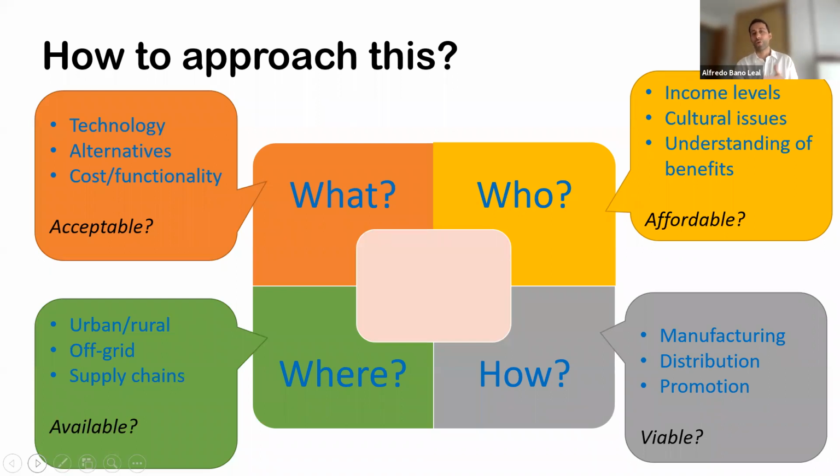Otherwise, if you only focus on one of them, likely you're going to find yourself with a perfect design that is not going to be bought by or accepted by the market. You're going to have a perfect pot or a perfect cook stove, and nobody's willing to buy it because it's too expensive or because it's not something that they'll see themselves using. Similarly, maybe you have the consumers willing to buy, but you're not able to bring it to the market because it's too difficult, because the supply chains are not able to reach there, or it's too expensive.